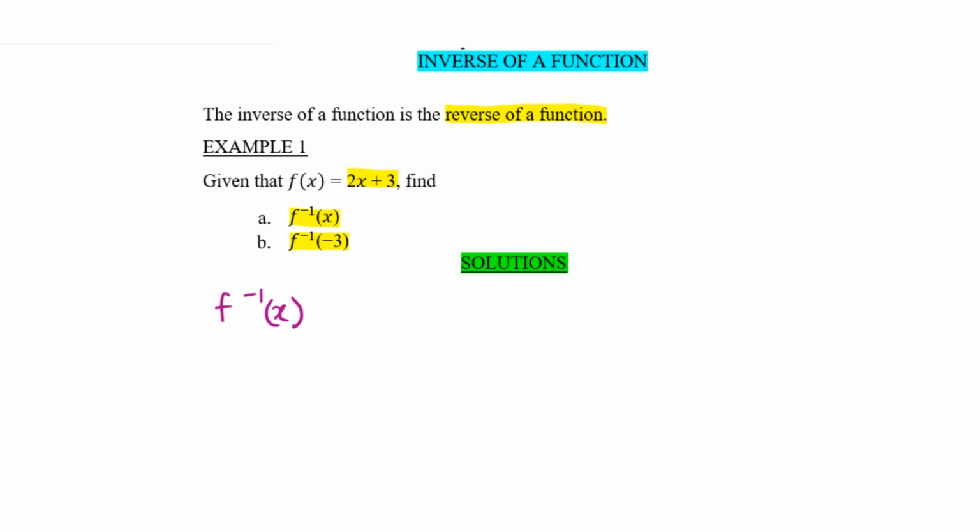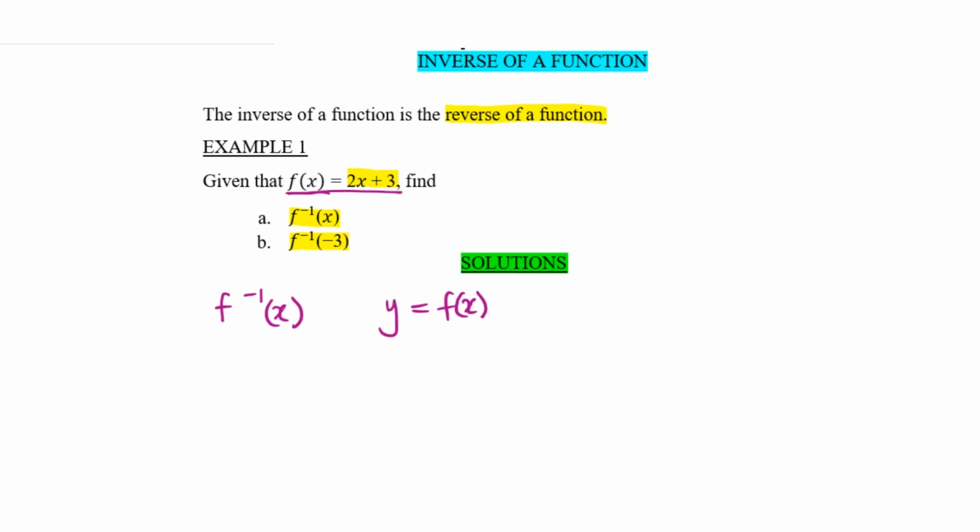So in the first place, you start by replacing where there is f of x by y, because we said previously in the first lesson that y is equal to f of x. So for us to find the inverse, we get the function here.